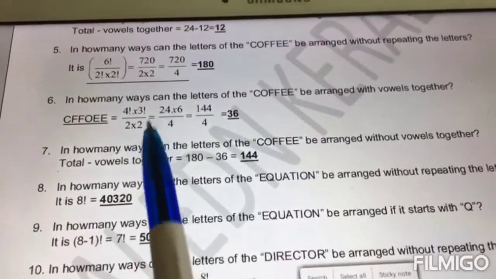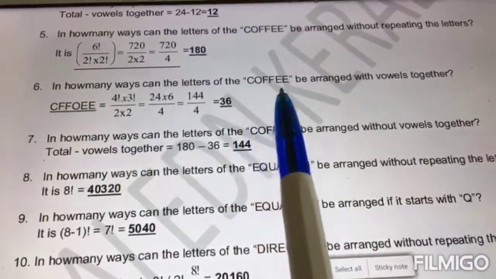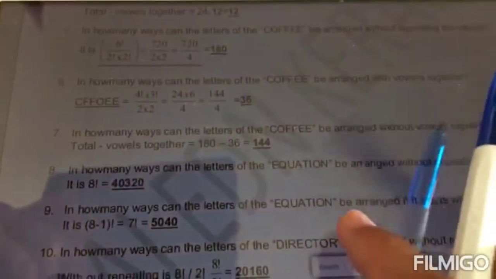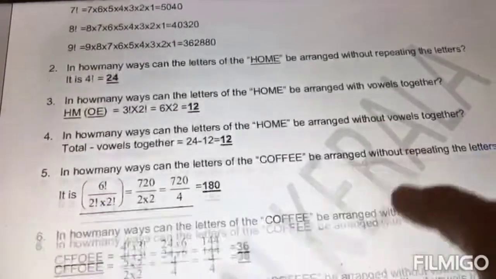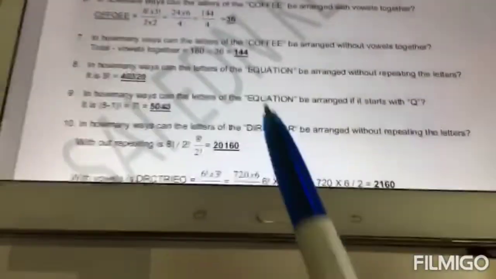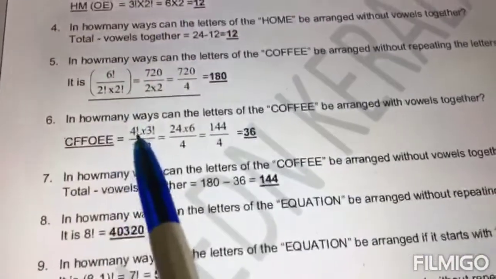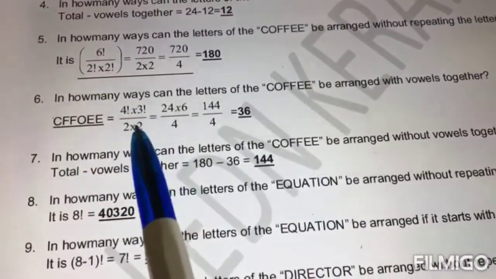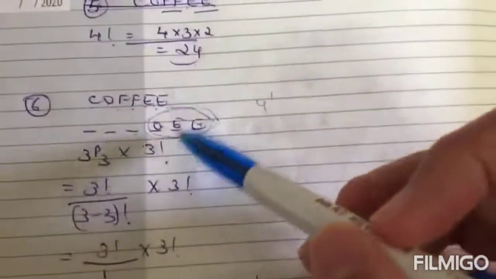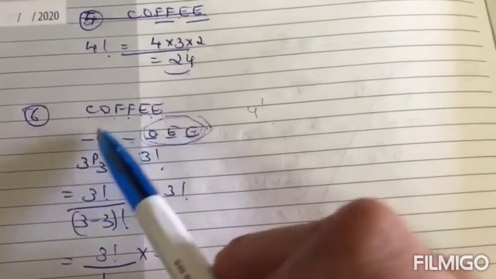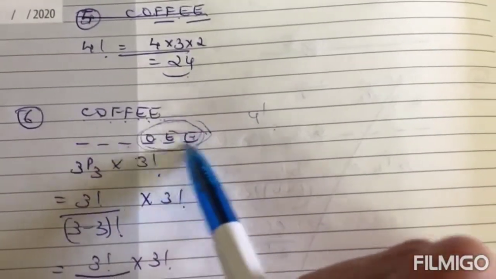Number 6. In how many ways can the letters of the word coffee be arranged with the vowels together? We can do it this way, which is basically 4 factorial into 3 factorial divided by 2 and 2, which gives you 36. Or you can do it this way. 6 letters are there, of which there are 3 vowels.